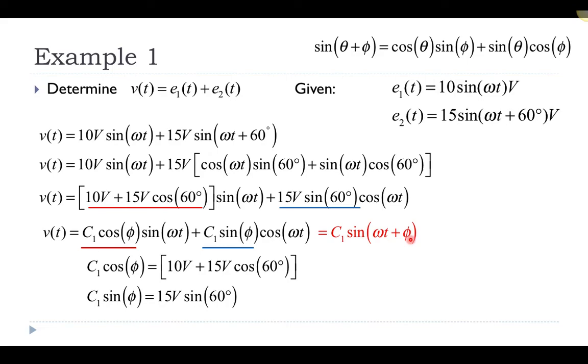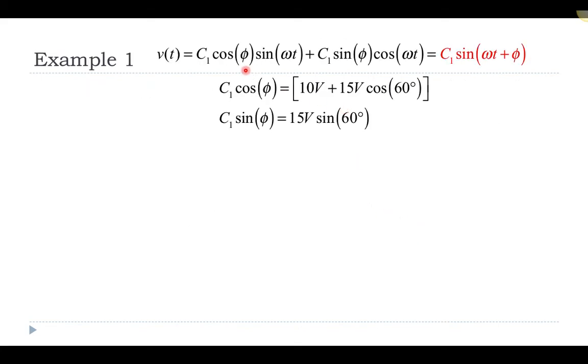So basically what I've shown you is that you can take two sinusoidal varying functions that are not in phase with one another, and you can replace them with a new sine function that is shifted from the original sine functions but has the same frequency. But we need to figure out what this constant C1 is, and we need to figure out what this phase angle is.